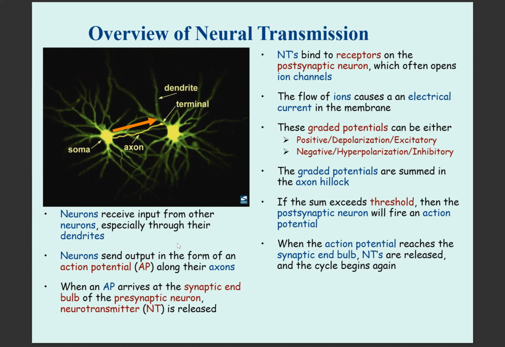Now, when an action potential arrives at a synaptic end bulb, a neurotransmitter is going to be released, as we saw when we were dealing with muscle physiology. This neurotransmitter will bind to receptors on the postsynaptic neuron, which often opens ion channels. So the flow of ions causes an electrical current in the membrane.